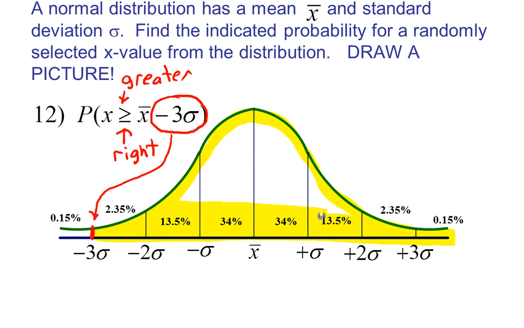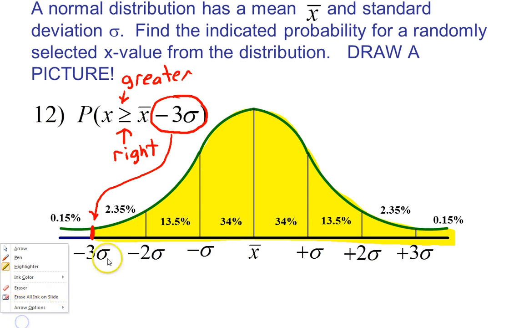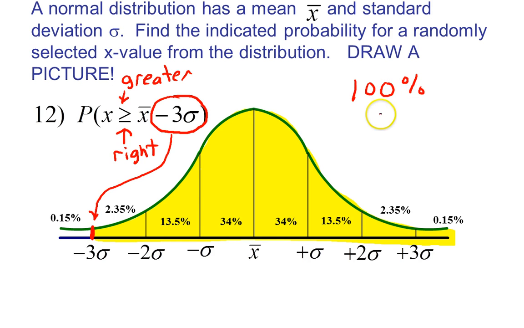So the question is, what percent am I shading here? What percent are we talking about? Because that percent is the same thing as the probability. Well, definitely the quickest thing to do for this one is to recognize that this is almost 100% of the graph. Almost. Except for this wee little bit on the end. So the quickest thing to do would be to start from your 100% and subtract 0.15.